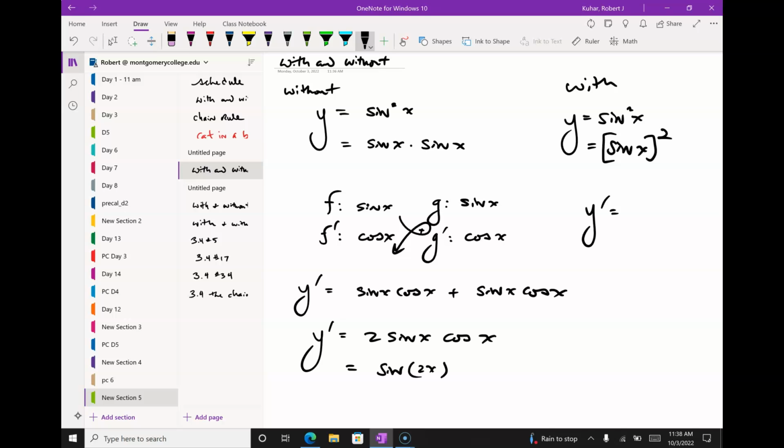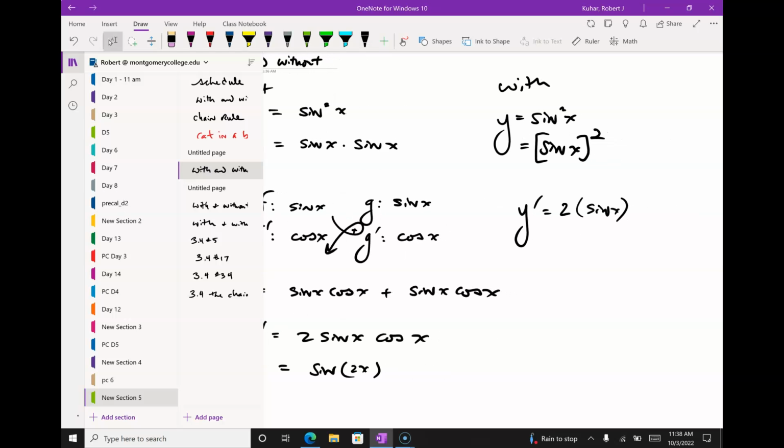What's the derivative? What's the derivative of x squared? 2x. So not 2x, but 2 sine x. Times the derivative of the inside. What's the derivative of the inside? Cos of x. And look what I get. Sine 2x. Same problem, same answer.